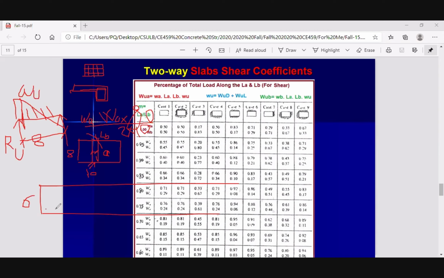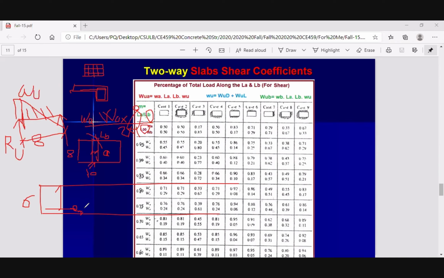So the rebar here, distance from here to the top, you might remember, at least it must have 1 inch from center to the bottom, or 3/4 from the bottom of the rebar to the bottom of the slab. So whichever is greater. So you have to go half of the diameter plus 3/4. Consider that if it's more than 1 inch, go with that one.